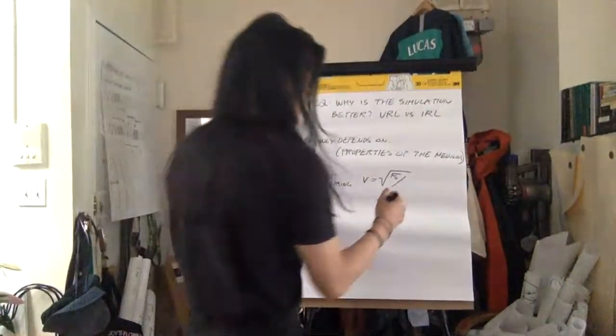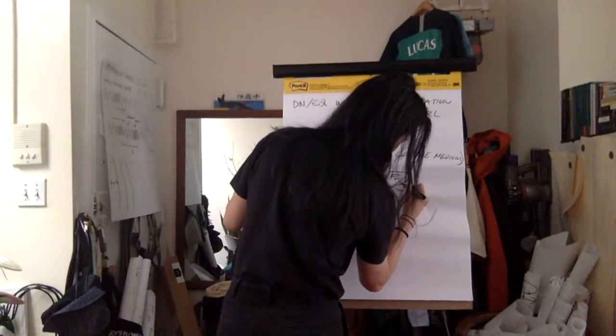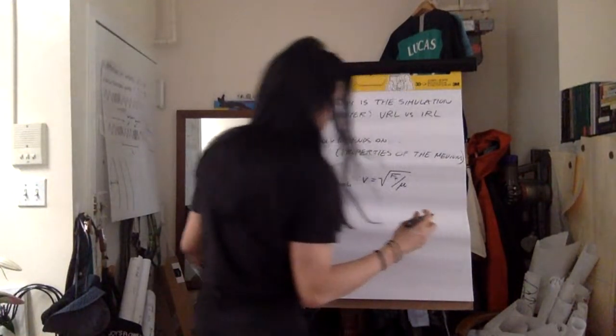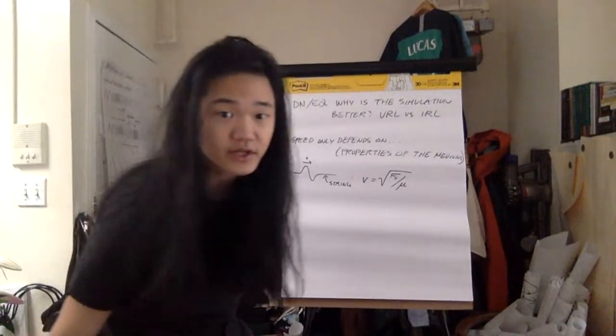Hold on. Okay, linear mass density symbol. Oh, they do use mu. I was going to use mu, but I was like, wait, that's the friction coefficient. It uses the same symbol. All right, so it's tension over mu, and this is not a friction coefficient.